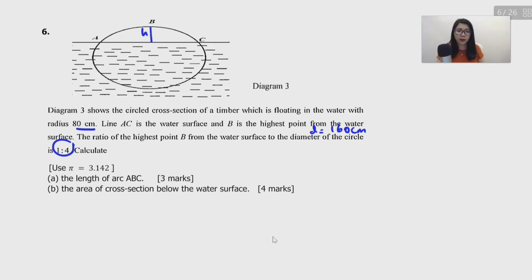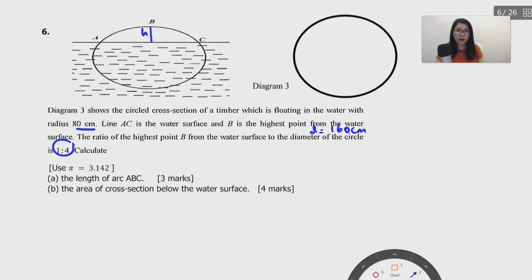Before that, I'm going to draw a proper circle that represents the timber. The diameter will be here, and this will be the center. Then from the center to C, and the center to A, and this will be the water surface.